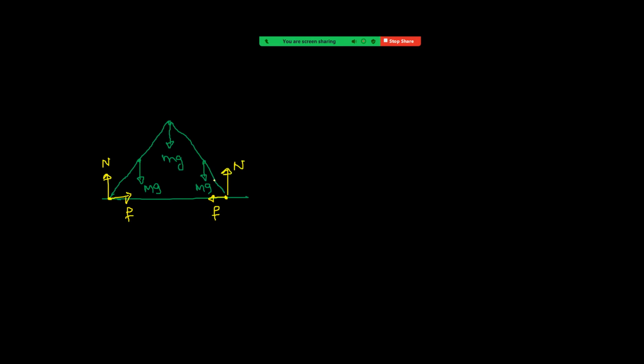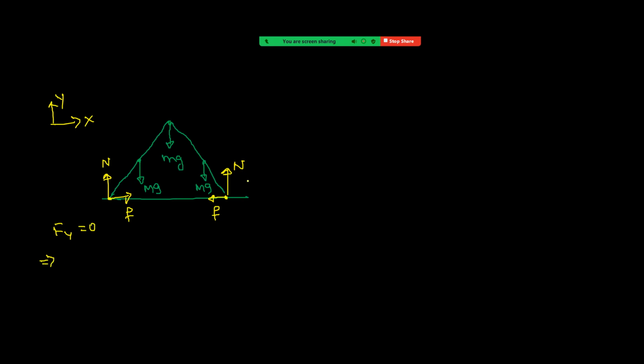Okay. Again, now the same calculation. First thing, if you consider horizontal as x-axis, vertically up as y-axis, then writing first of all, net force along y-axis equal to 0.